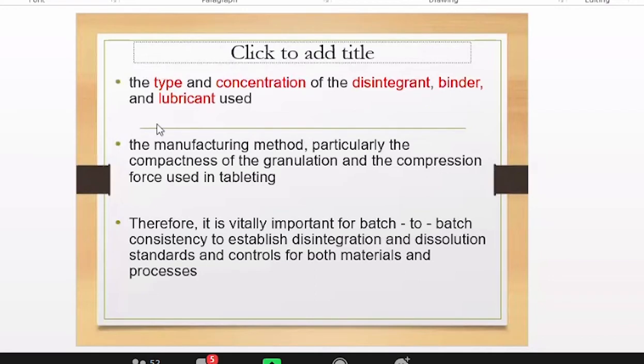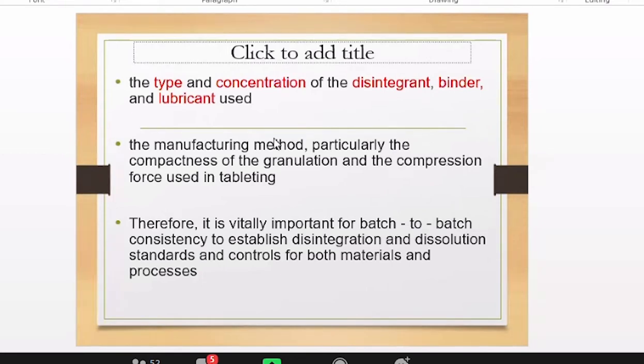Then if you talk about the lubricant, we did mention that if you are dealing with hydrophobic lubricants, if you increase the concentration, you are going to increase the hydrophobicity of the formulation. And so it will not be able to attract water, resulting in retardation of disintegration and dissolution.